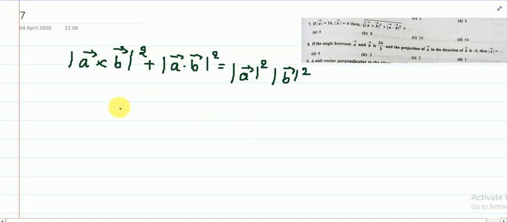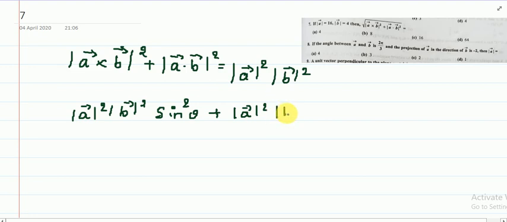If you want, let me explain why this result holds. Magnitude of A cross B whole square is equal to magnitude of A square into magnitude of B square into sine square theta. Since it is magnitude, no need to consider that n cap because it is 1. Plus magnitude of A dot B whole square will be magnitude of A square into magnitude of B square into cos square theta.